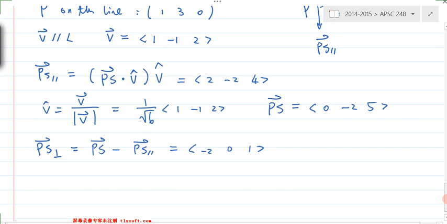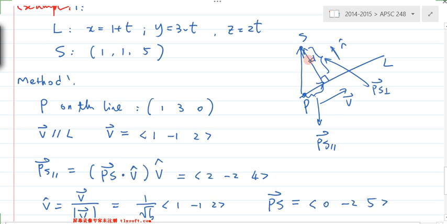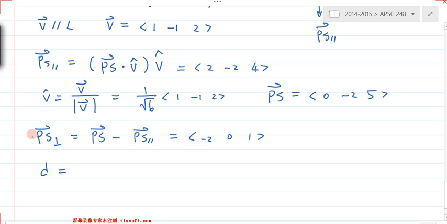If you need to go over this exercise again, try the calculations. In the end, so what's the d then? What is d equal to? The distance. The distance is, well, the length, right? The length of what? PS perpendicular. So the absolute value of PS perpendicular.